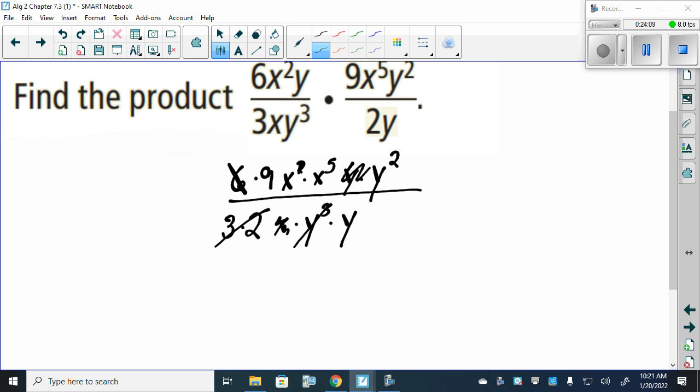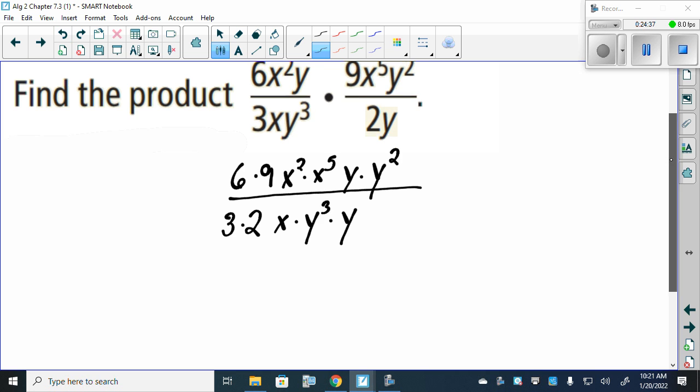That 3 and those 3 are gone, telling me that I have 9x to the 6 over y. Because we canceled out the like factors. And we can do this because it's all being multiplied on top, all being multiplied on bottom. Okay. We don't have to do it that way.